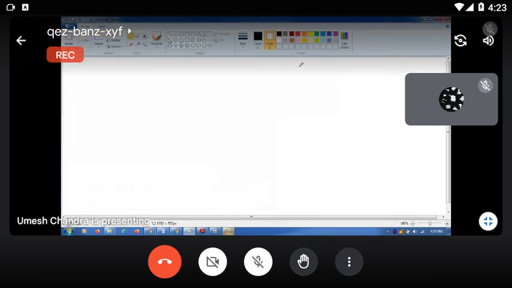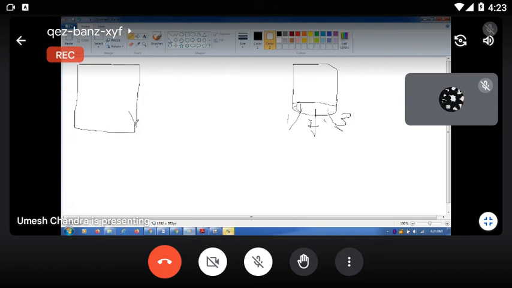Now in the multimeter, suppose there are three terminals: terminal number 1, terminal number 2, and terminal number 3. And this is a multimeter. The multimeter has 2 points here. One is common, and the second one is the voltage or ohm point.